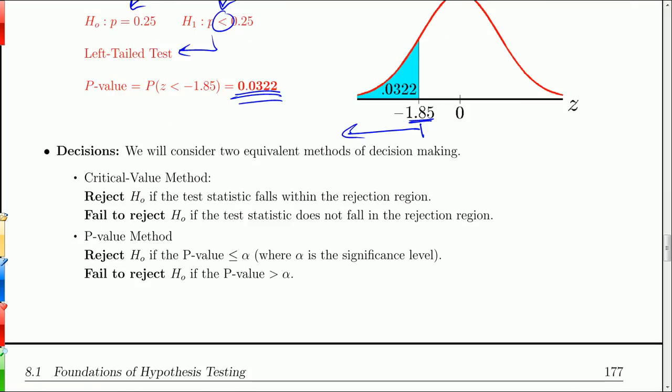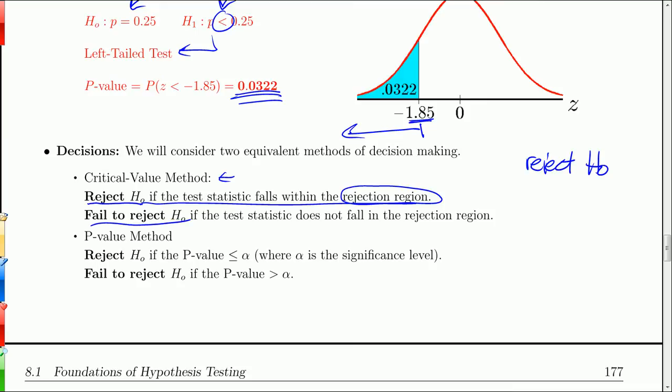So for decision making, we have to decide whether or not we're going to reject the null hypothesis. All right? And we're going to base it on the extremeness of our test statistic. There are two equivalent ways. There's the critical value method, where you reject H0 if the test statistic falls in the rejection region. That's actually why it's called the rejection region. And then you fail to reject H0 if it doesn't.